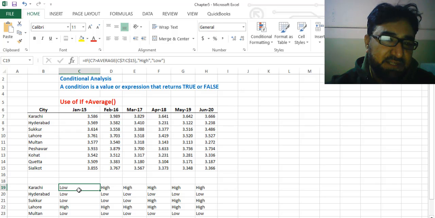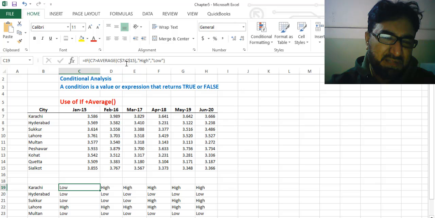So if I click here in the Karachi, the formula is: IF C7 greater than AVERAGE, and then the range of this data from C7 to C15, and this is an absolute reference. This dollar sign makes this cell reference an absolute reference because it will not change if we drag it downwards.